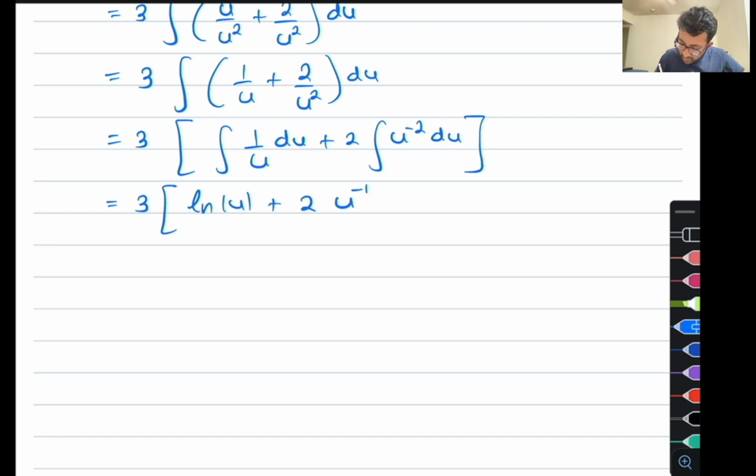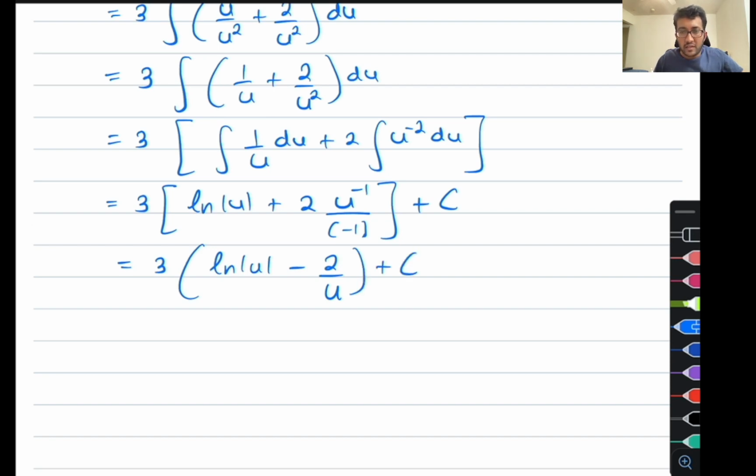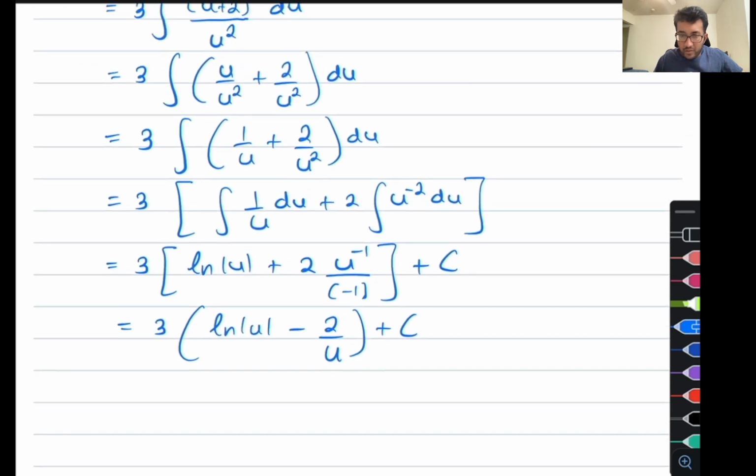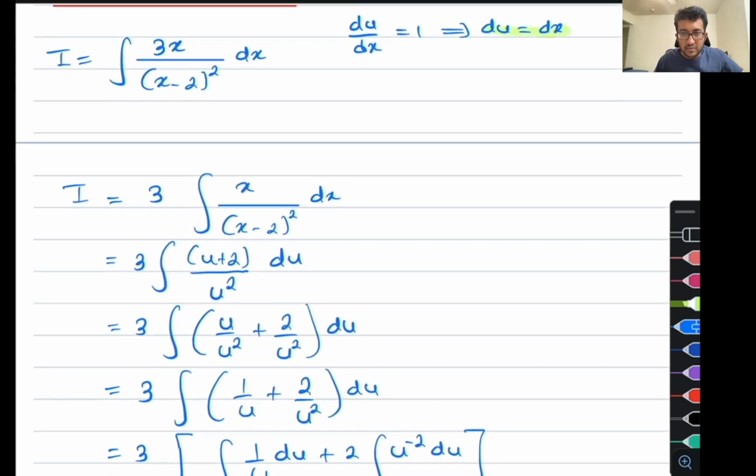That is u to the power negative 1 divided by negative 1 plus an arbitrary constant. So I would get 3 times (ln u minus 2 divided by u) plus an arbitrary constant.